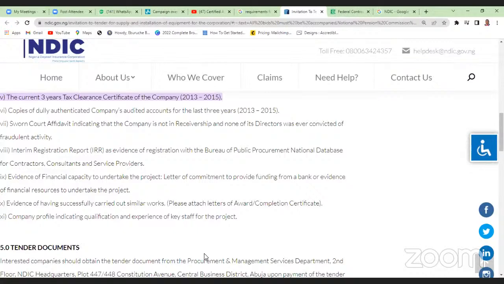Somebody talked about competence. Yeah. You need to have your company profile indicating the qualifications and experience of your key staff. So you have your management staff, you have your technical staff. And that is where, in handling projects or contracts, it is important to have at least a project management certification, either associate level or foundational level.